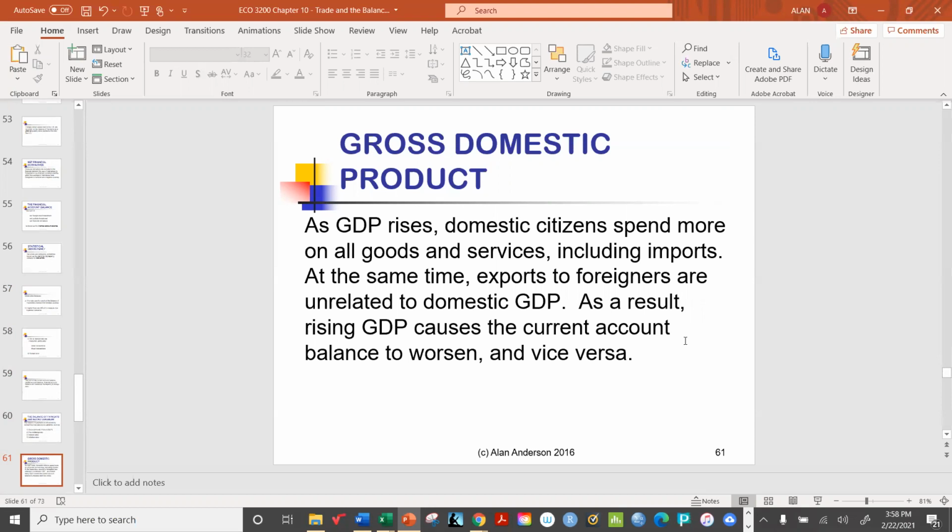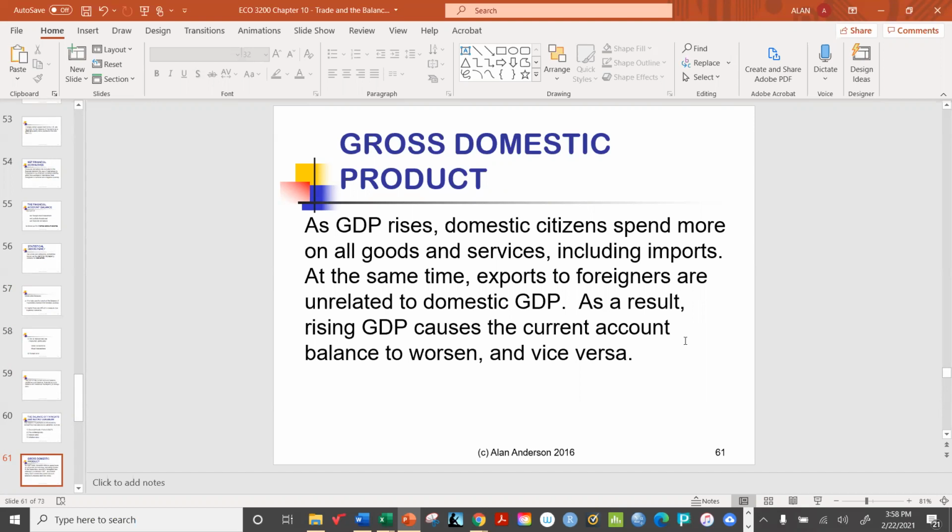On the other hand, foreigners will not buy more of our products just because our economy is expanding. So basically, exports stay the same, imports rise, and before you know it, the current trade balance worsens, and so does the current account balance. So while that sounds like great news, a rising economy, it can have a negative effect on the trade balance.